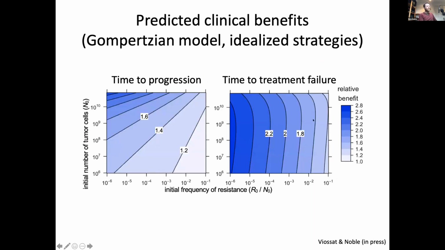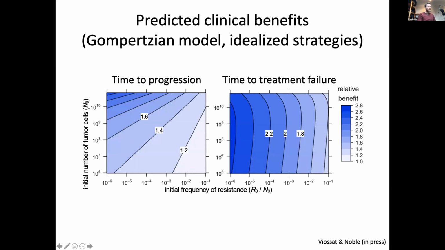If we take that particular model, and indeed other models, we can obtain analytical results telling us exactly what the times to progression and the time to treatment failure are as we vary different parameters. What you see here in these heat maps is that the initial frequency of resistance does matter, and so does the initial size of the tumor, N0.